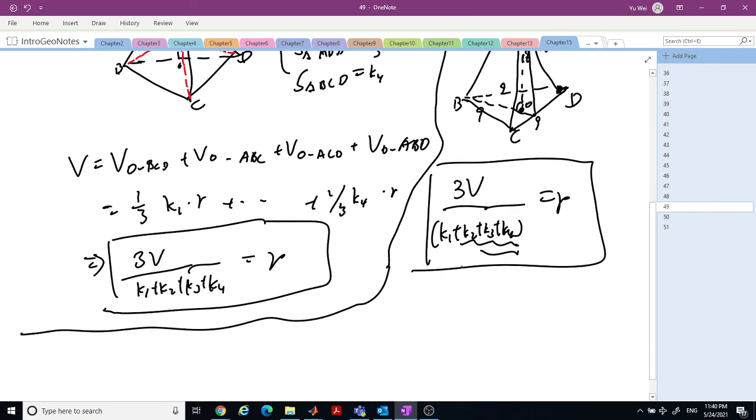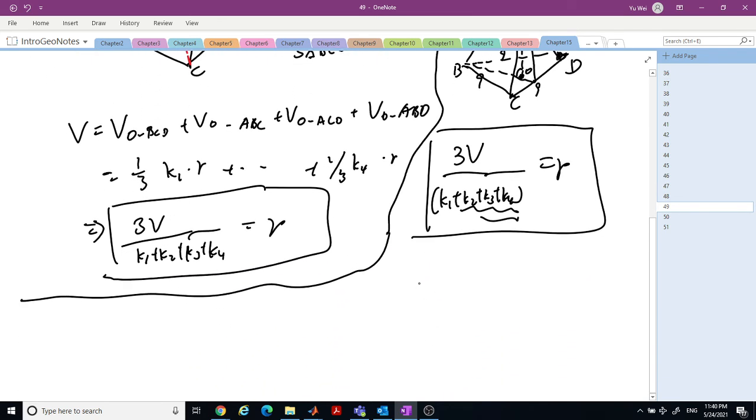We have an equilateral triangle BCD, and here the center lands on the middle, on the centroid point.